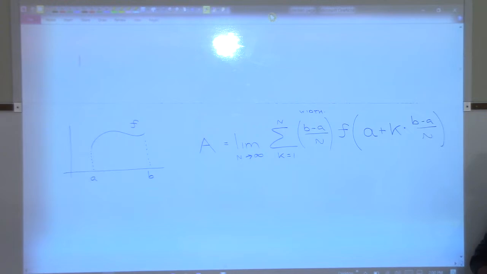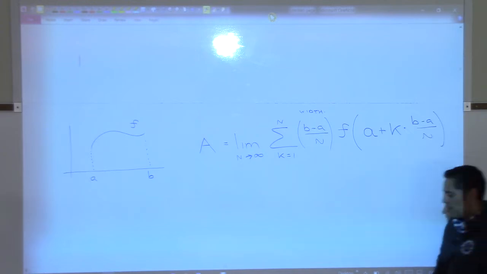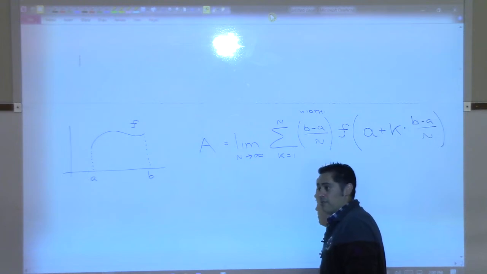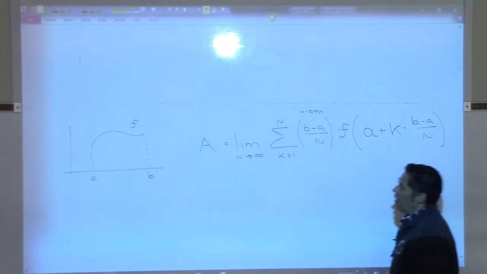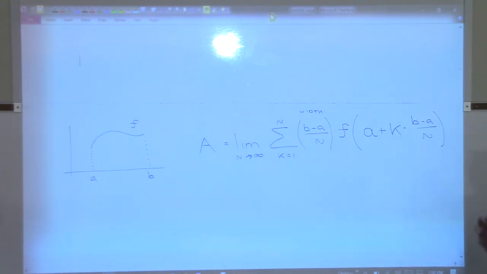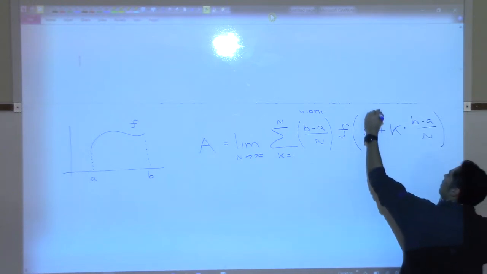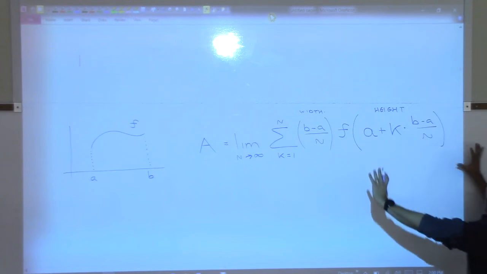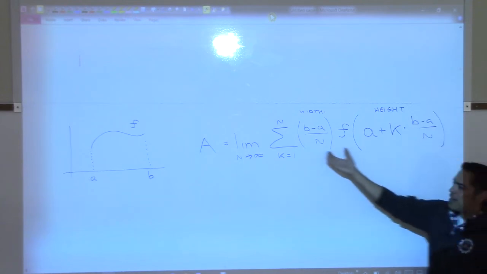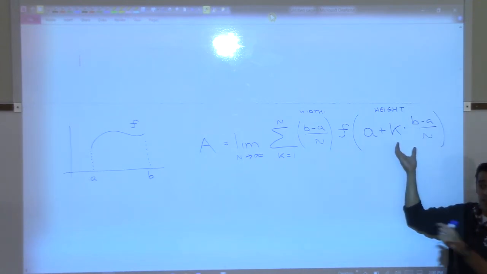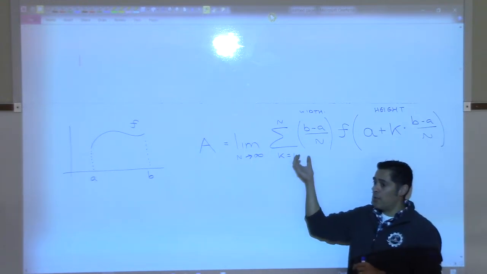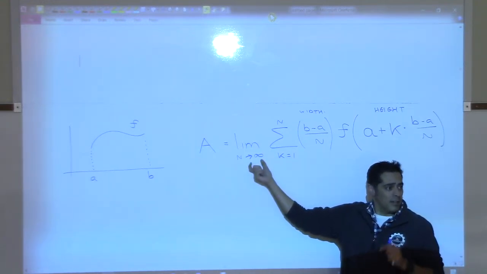So Riemann sums are only good for polynomial functions, all right? But if you believe this, does it make sense what everything is in this formula? Width of each rectangle, height of each rectangle at each of the endpoints, add them all up, and get a formula for that, and then at the end, let the number of rectangles go to infinity.